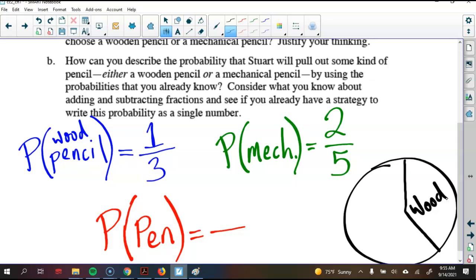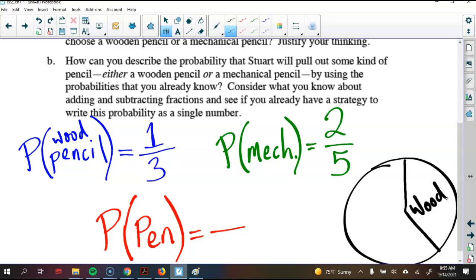Then you're not done until your group is done. What would that common denominator be?